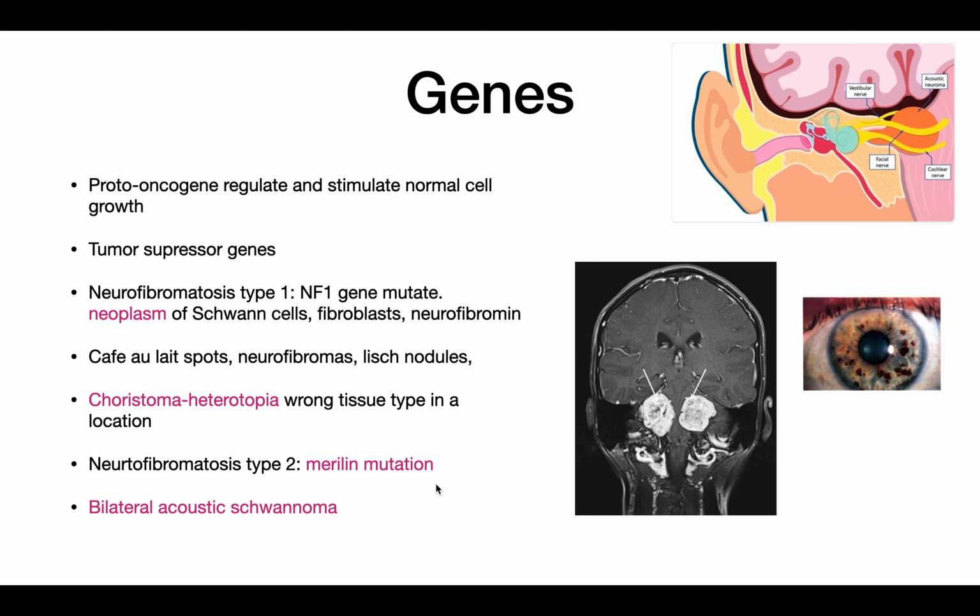Neurofibromatosis type 2 is a mutation on chromosome 22, and there's going to be bilateral acoustic schwannoma. So here it is, there's a tumor. It's going to compress on the acoustic nerve, and it's going to be made out of the Schwann cells. The Schwann cells are going to enlarge, compress, and result in deafness.